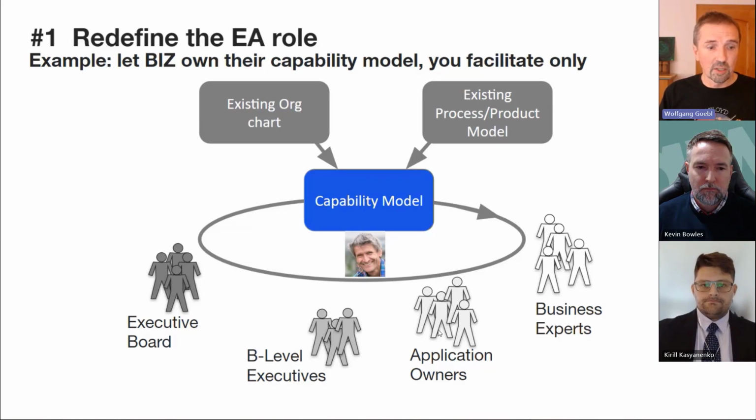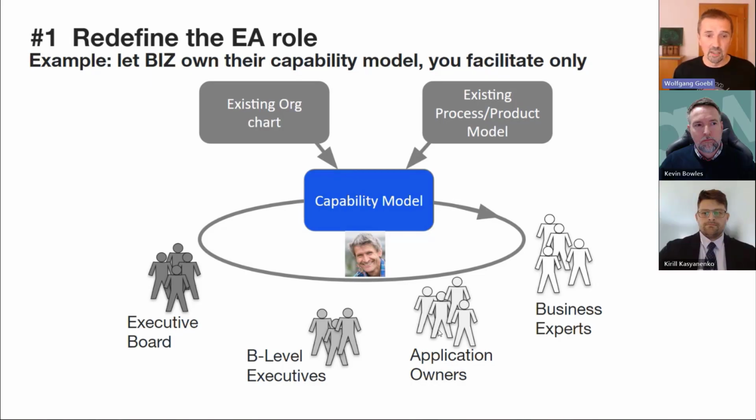So I think the USP is to increase your impact on the enterprise and increase the amount of change you can actually make happen. I've seen so many enterprise architecture initiatives that only maintain the repository of IT artifacts.